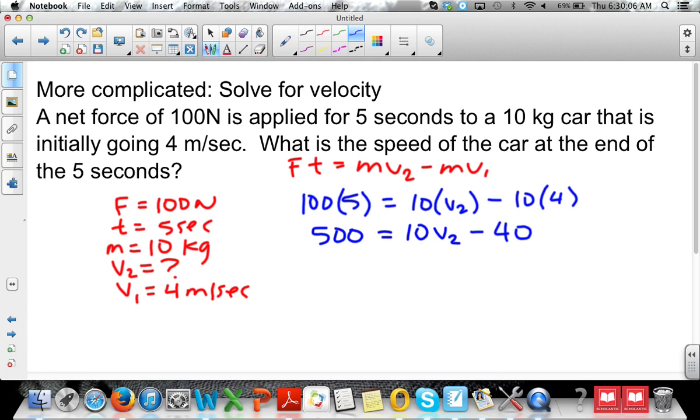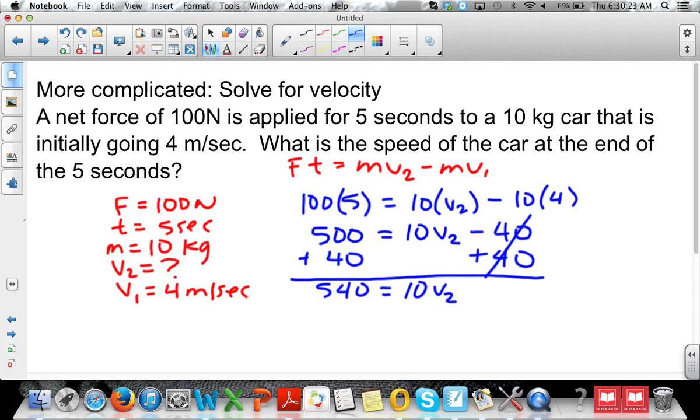Okay, now to solve for V2 here, I have to get V2 by itself. So the first problem here is I have a minus 40, so I've got to add 40 to get rid of that. And those go away. And now it looks normal, just like everything we've done lately. So I'll divide by 10, and I get 54 meters per second.